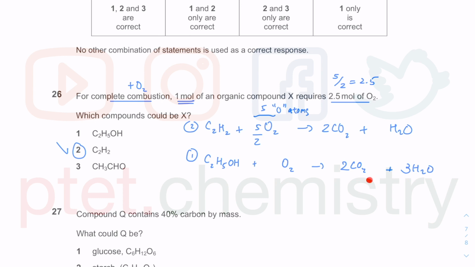Now altogether, I've got 2 times 2, which is 4 oxygen, and I've got 3 times 1, which is 3 oxygen. So altogether, I've got 7 oxygen on the right hand side, and don't forget there's 1 oxygen here. People always don't see this oxygen there. So 7 minus 1, I need 6 oxygen atoms, and because I need 6 oxygen atoms, that means I only need 3 O2, and therefore automatically 1 is wrong because it's not 2.5.